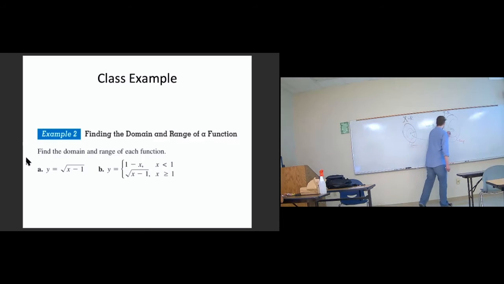We could have something like this, where g of x is equal to 1 over, let's say, x squared this time. Then the domain would be equal to negative infinity up to 0, unioned with 0 up to infinity.